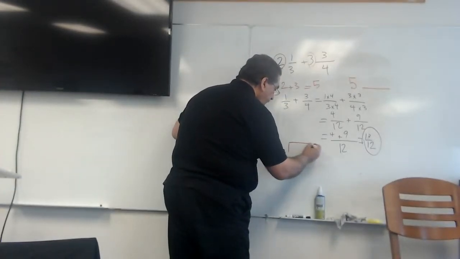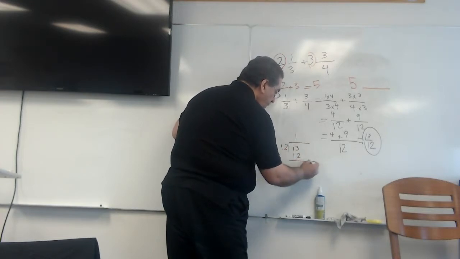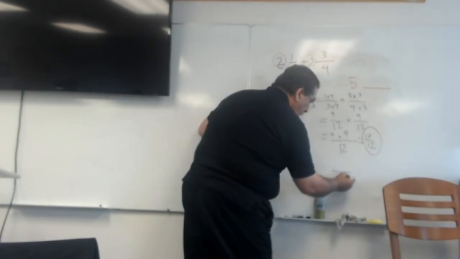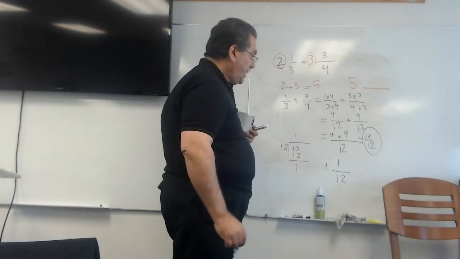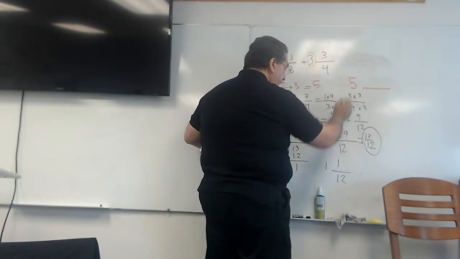If you divide that, 13 over 12 goes 1 time, with 1 over 12 left. So the answer for that is 1 and 1 over 12. You have 1 over 12 and 5.